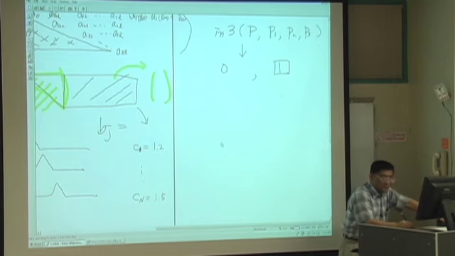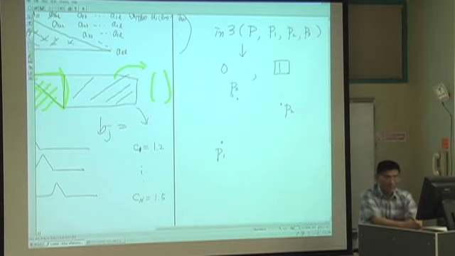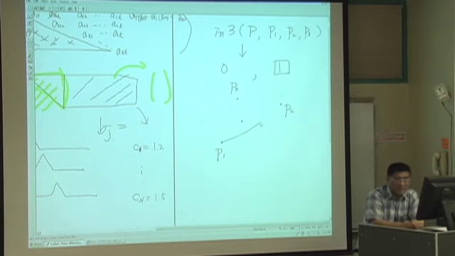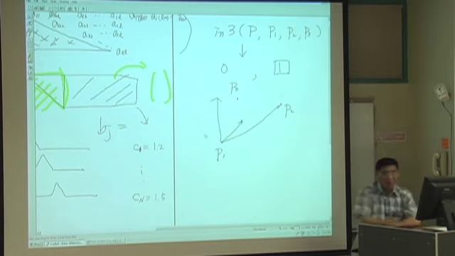So P1 is somewhere, right? We don't know where P2 is, but let's say somewhere P2. And then P3 could be anywhere, so let's just say P3. Then what we do is this one. Assume that something is inside, then this line and this one can be combined with a cross product.